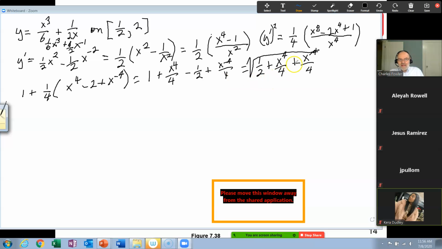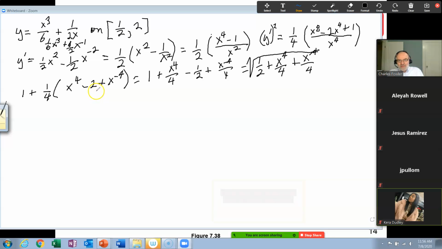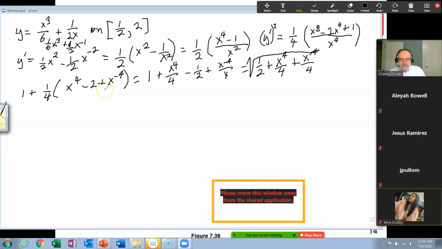That looks a lot like, if I hadn't done the monkeying around with it, what we had to begin with. So what I'm going to do is factor out a 1/4. Now, that seems like a strange thing to do, but I'm going to do it anyway.